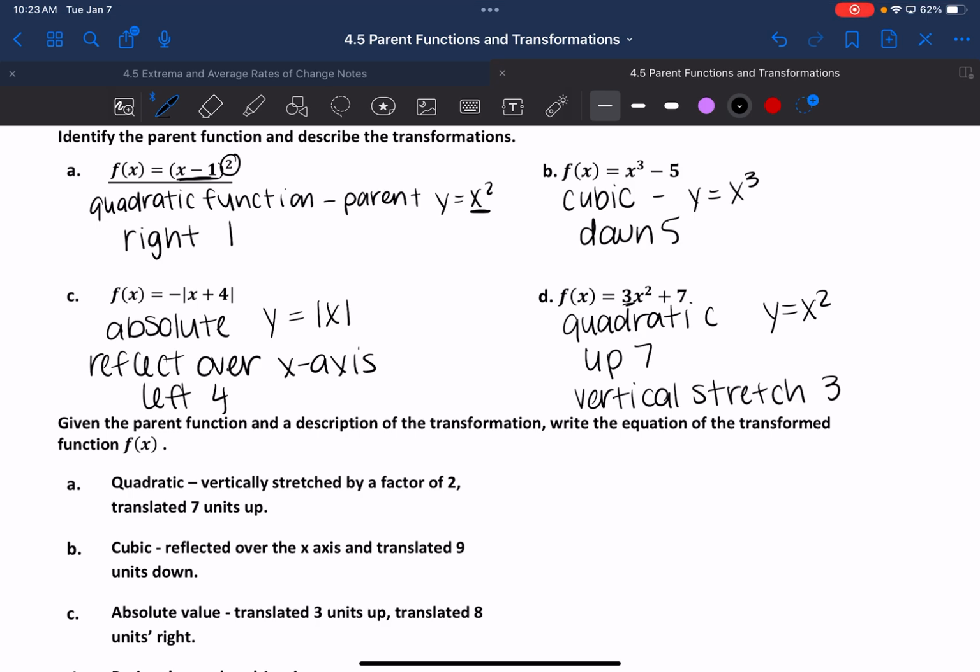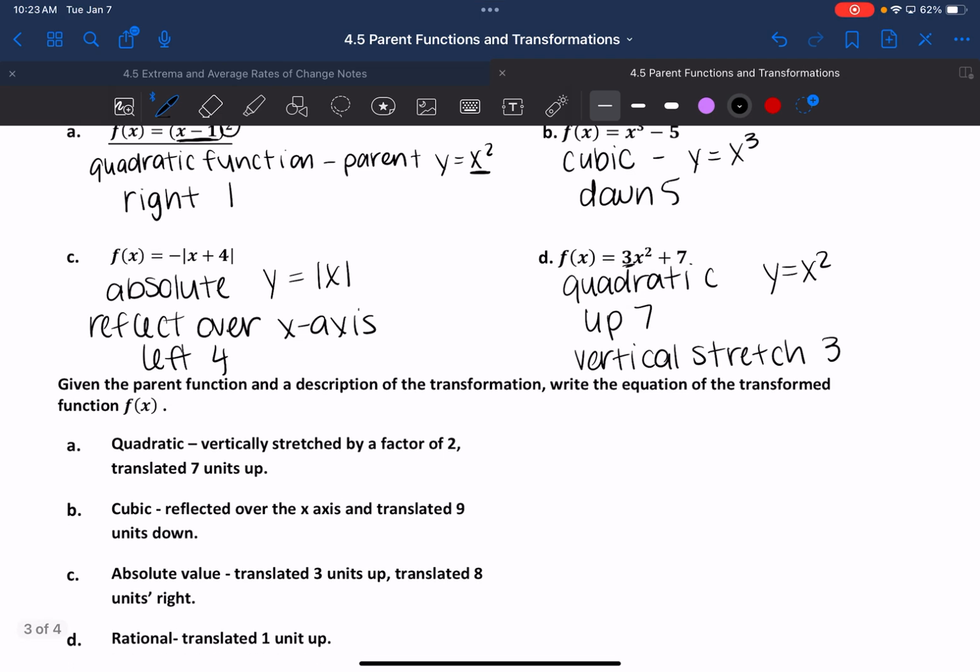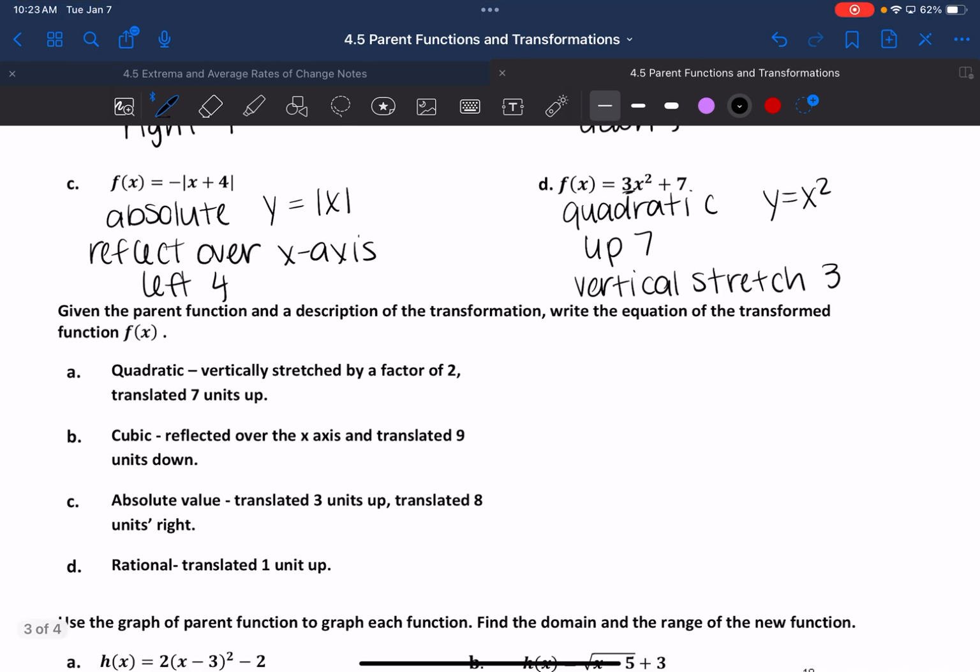Very good. Next it says, given the parent function and a description of the transformation, write the equation of the transformed function. For number 2, letter A says the quadratic function. So we know that parent function is y equals x squared, and it's going to be vertically stretched by a factor of 2, translated 7 units up.